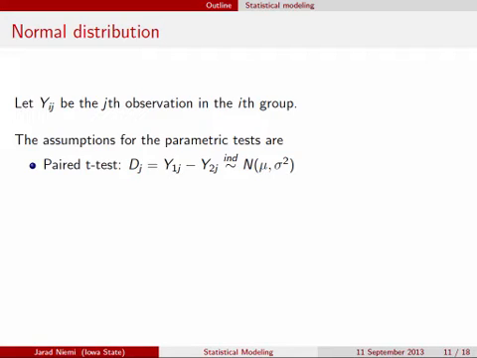Yeah, does that sound familiar? Okay. And the first thing that you did in the paired t-test is take the difference for each pair. Right? So that's now a new notation, dj. So that's the difference for pair j. And the assumption here is that they are independent and normally distributed with mean mu and variance sigma squared, or alternatively standard deviation sigma.